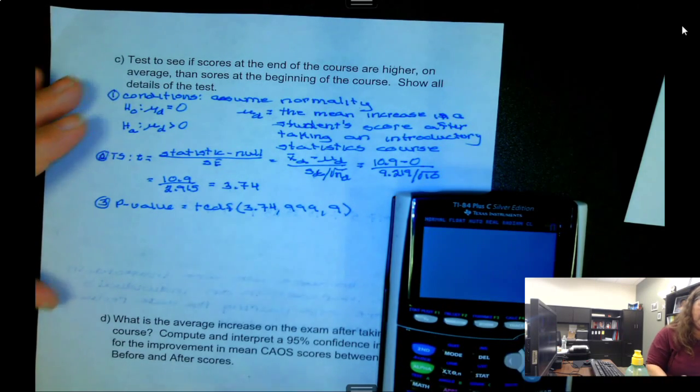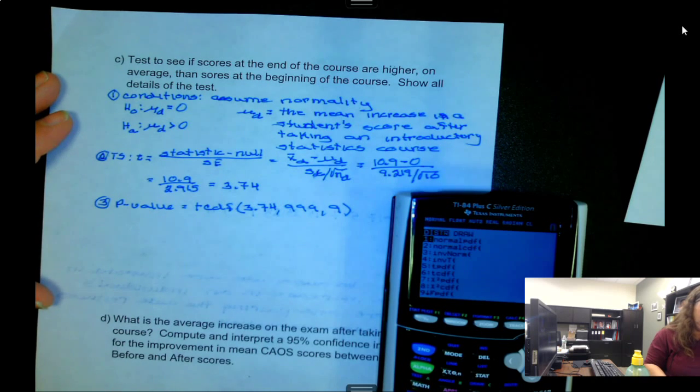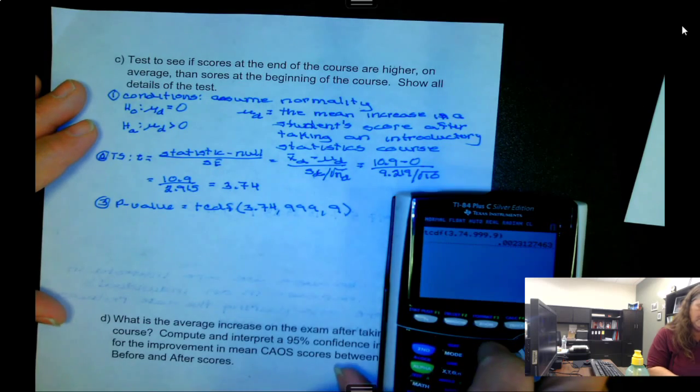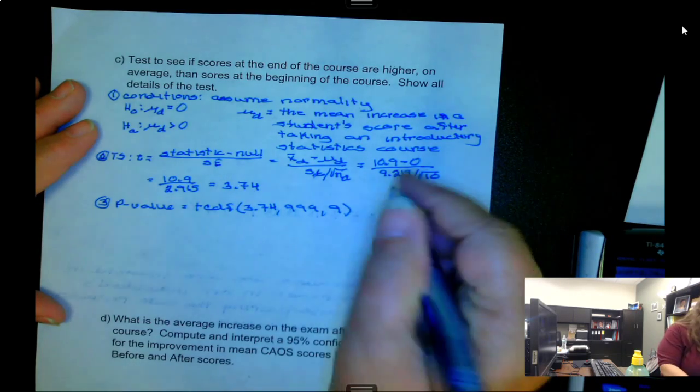So we have second vars, tcdf, 3.74 is our lower limit, 999 is the upper, 9 is the degrees of freedom, and we get 0.00231.